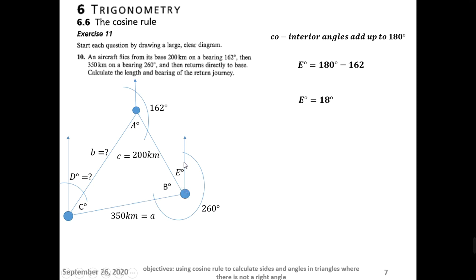And if we go back here, E and the 260 and B are angles at a point. Angles at a point add up to 360, which means if we add E and 260 and subtract the total from 360, we find angle B. So 18 plus 260 is 278.